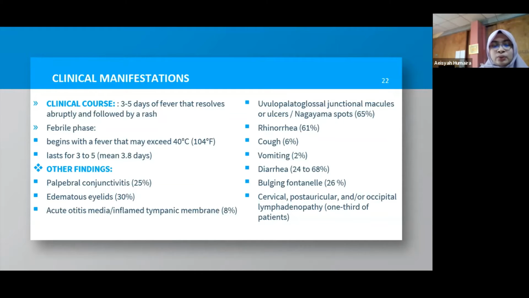During the febrile phase, it is also accompanied by other clinical manifestations such as palpebral conjunctivitis, edematous eyelids, acute otitis media, Nagayama spots, rhinorrhea, cough, vomiting, diarrhea, bulging fontanelle, and cervical, postauricular or occipital lymphadenopathy, which is common because one third of patients have lymphadenopathy.